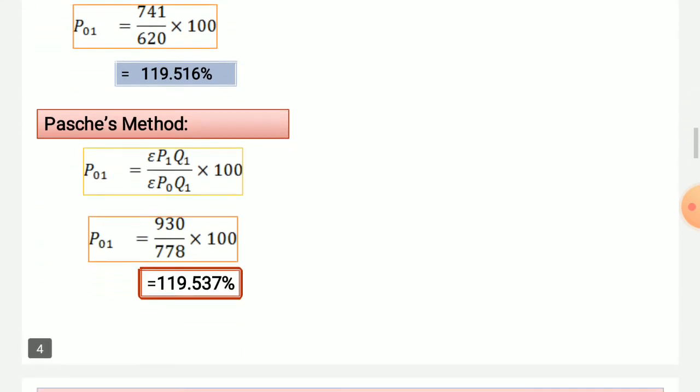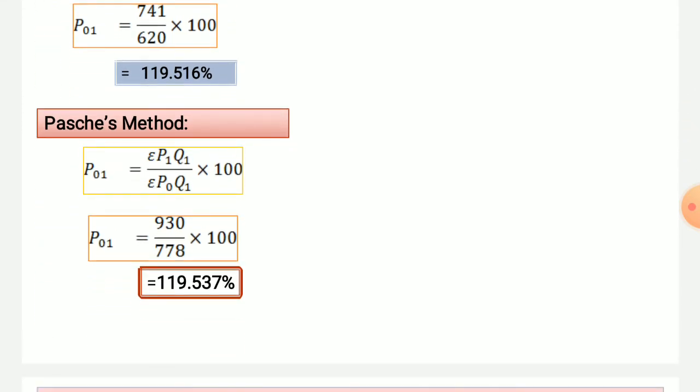Now, under Paasche's method, the formula is P01 is equal to sigma P1Q1 divided by sigma P0Q1 into 100. This is the formula we use to calculate by Paasche's method, and then substituting the values of P1Q1 and P0Q1 in the formula: 930 divided by 778 into 100.